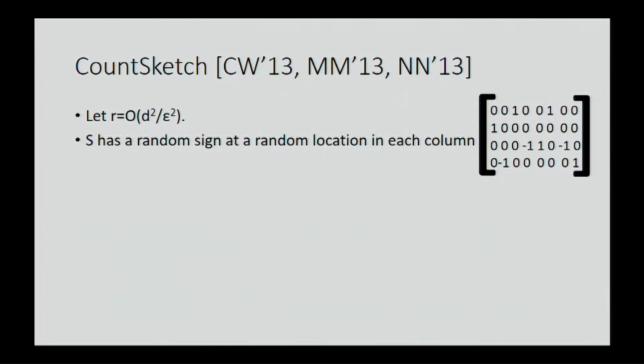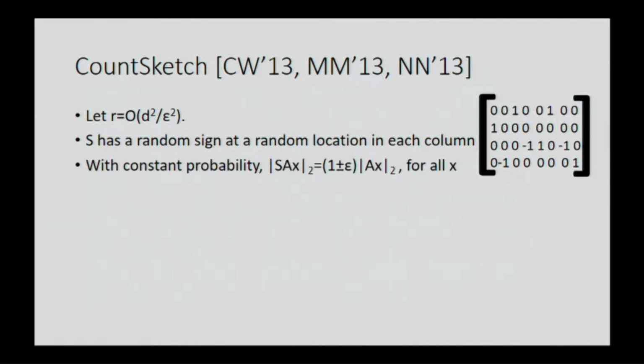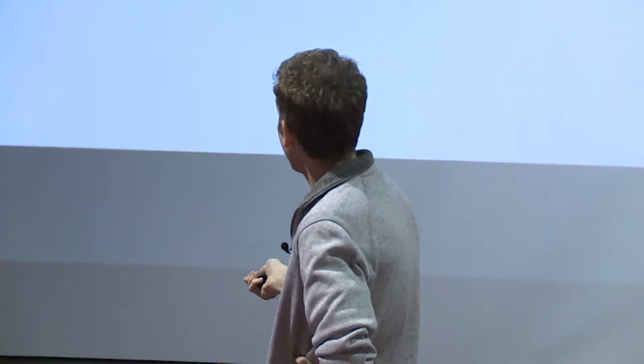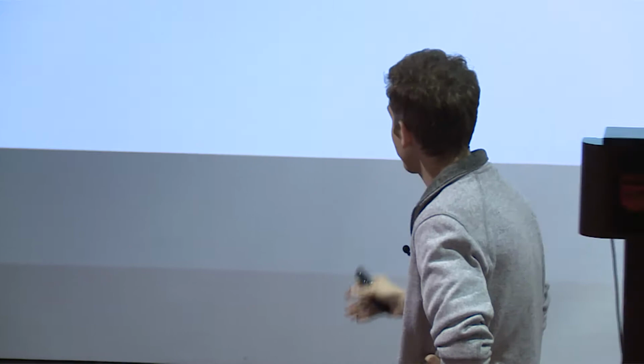It just has a single non-zero entry per column chosen in a random location. And you can show that with this number of rows, with constant probability, you get a subspace embedding. Okay, so just as we've described, the number of rows is a little bit larger than the Gaussian case. I mean, d squared as opposed to d, but still independent of n.